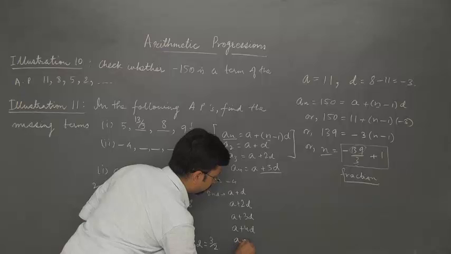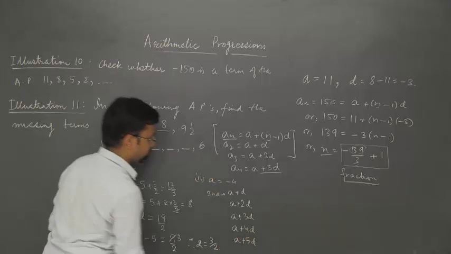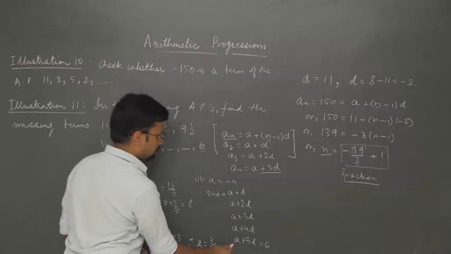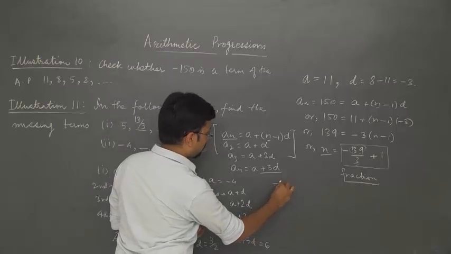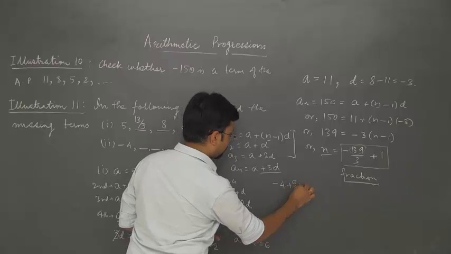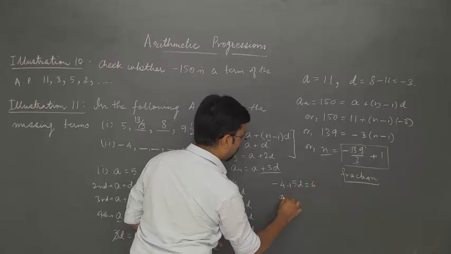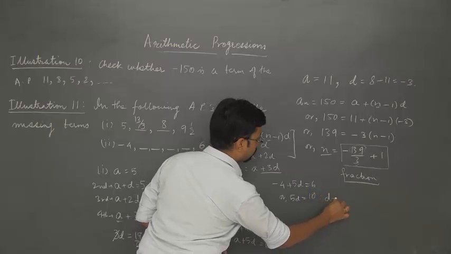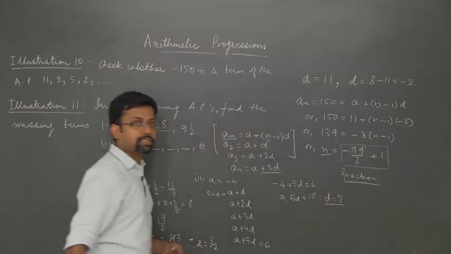The sixth term would be a plus 5d. And a plus 5d is given as 6. So from here, a is minus 4, minus 4 plus 5d is equal to 6, or 5d equal to 10, therefore d equal to 2. We get d as 2.